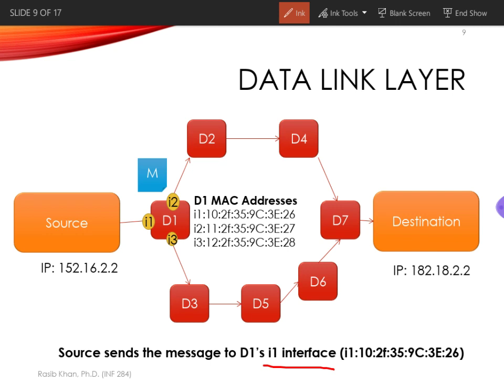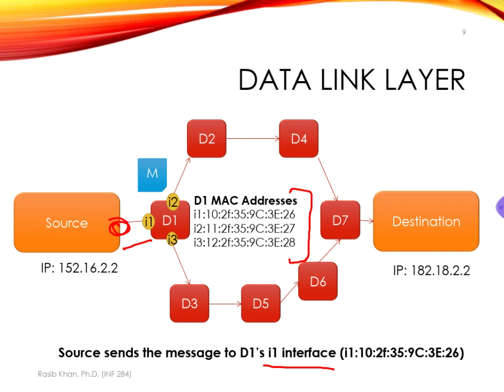D1 has 3 interfaces, and each of these interfaces has specific MAC addresses, and the source from its interface sends the message to the I1 interface of D1 to this specific MAC address.